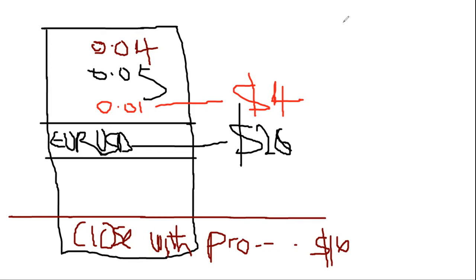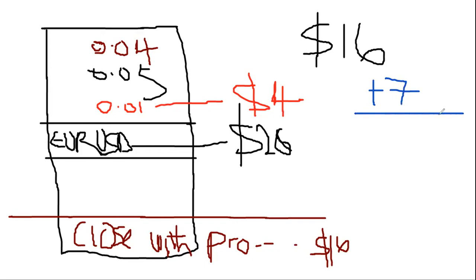part of your profits. Let's say you have $16. If you should go and hit your take profit, probably you might have something like $7 added, and that gives you an additional $23.